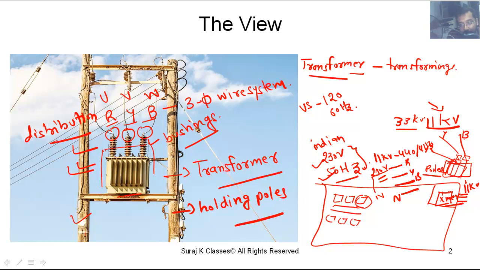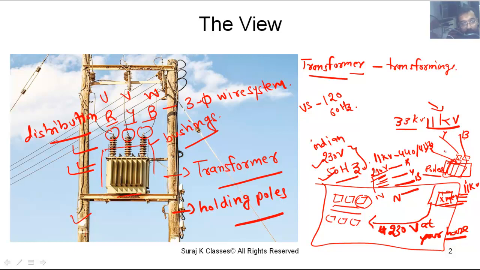So this is the concept of how this transformer gives you 230 volt at your house in India. In any other country the concept remains the same, only the output voltage would differ. Here it is 415 volt, and there a different voltage level may be obtained at the secondary of the transformer.